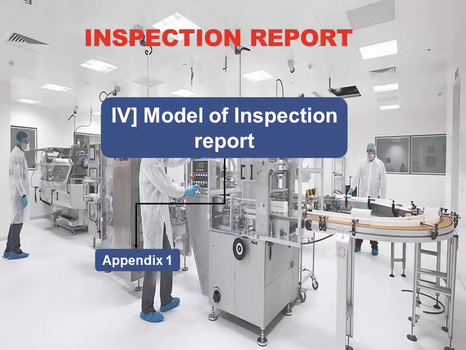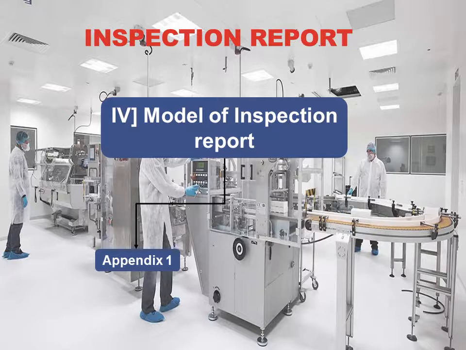Appendix 1. It consists of 6 parts, including part number 1, general information about the company, which includes manufacturer details, inspection details, introduction, and a brief report of inspection activities undertaken. Part number 2, brief summary of findings and recommendation.